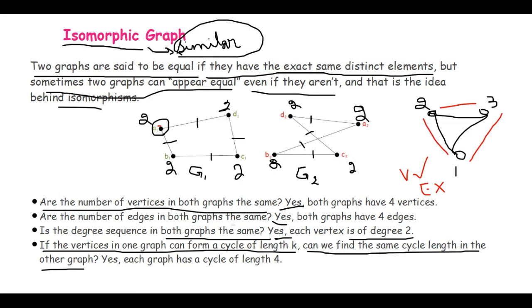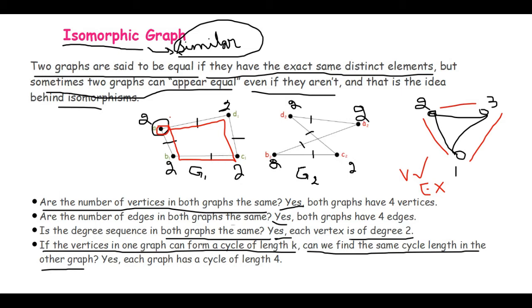In the same way, if we look at G1 and start from point A, we traverse from A to D, D to C, C to B, and B to A, and we still get a cycle where we have traversed all the edges, started from the starting point, and ended at the ending point.